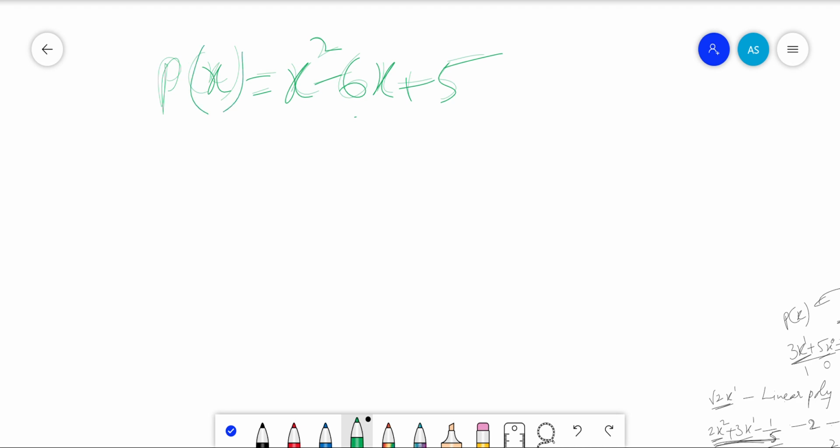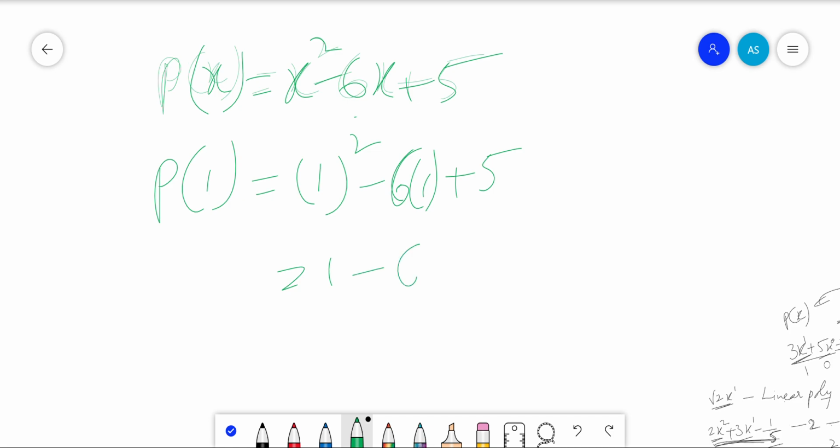Then what is its value at x is equal to 1? So that is nothing but p of 1. So 1 square minus 6 into 1 plus 5. So 1 minus 6 plus 5 is nothing but 6 minus 6, which is 0. So the value of p of x at x is equal to 1 is 0.